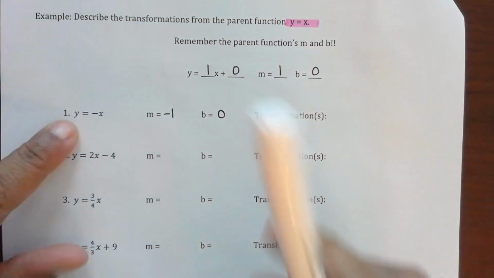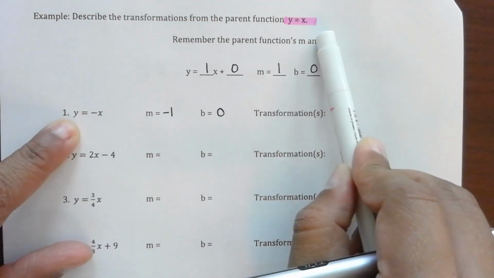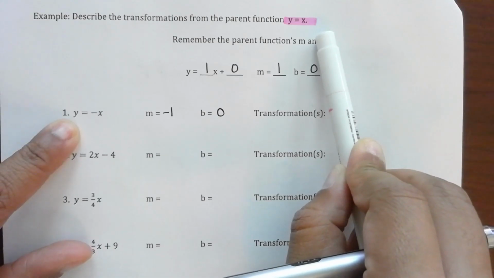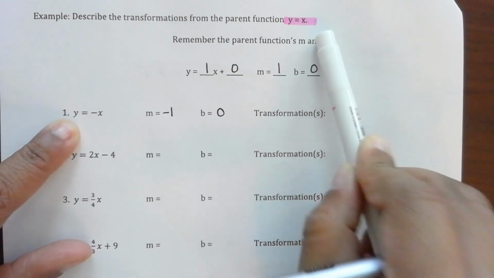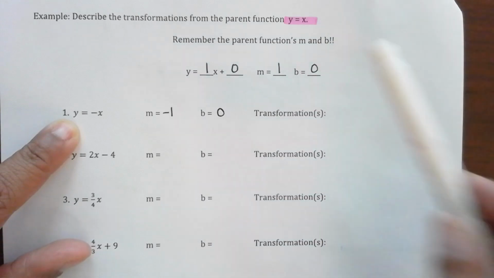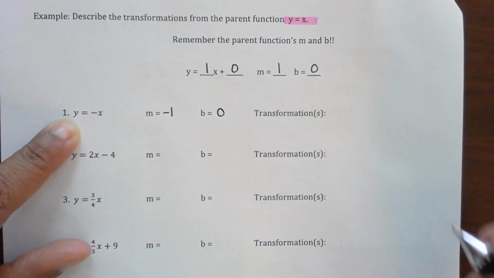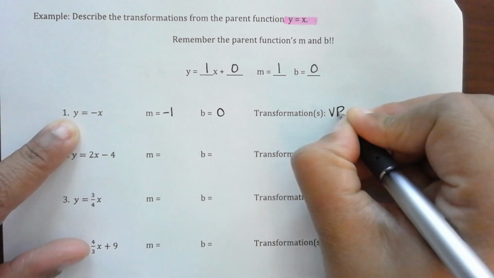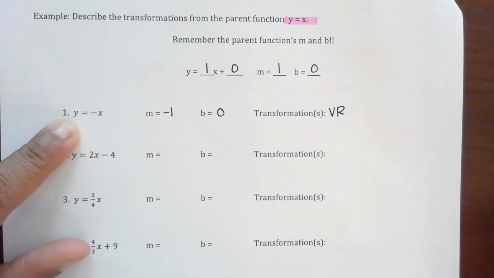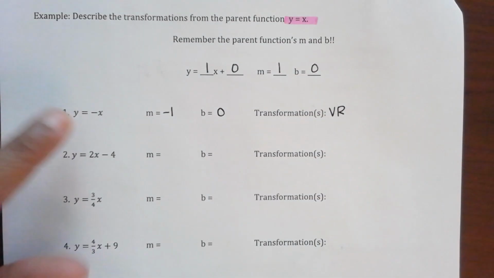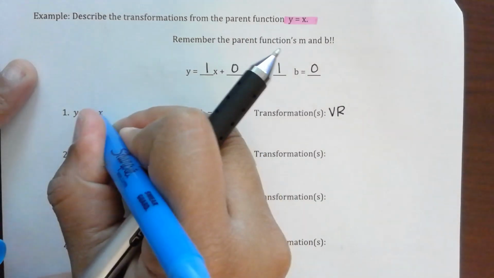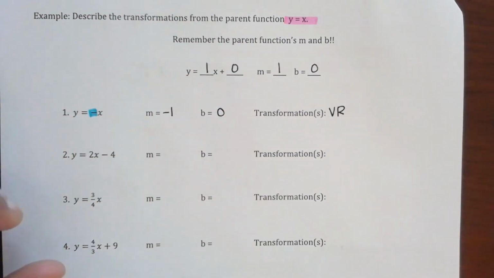What makes this different than that? The negative. So what happened? A vertical reflection. Because did anything else change? No. It's just that one piece. Everybody still with me?